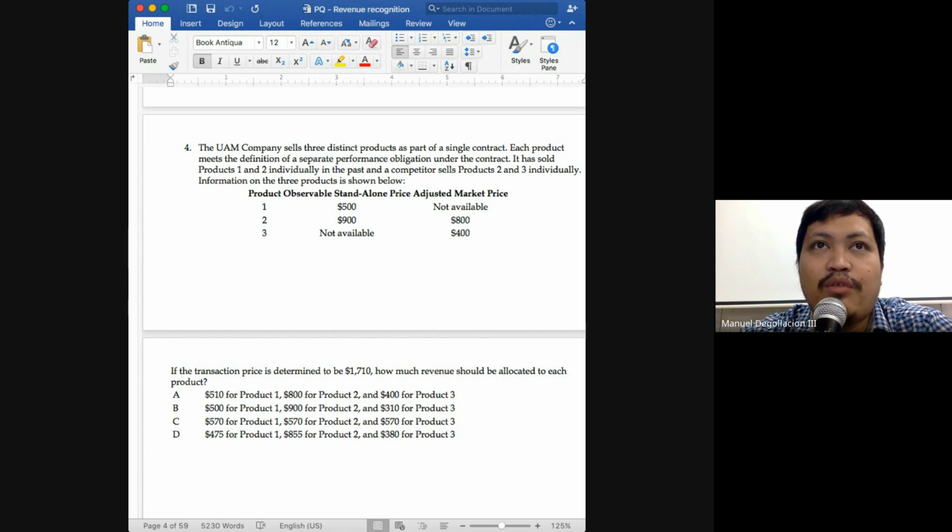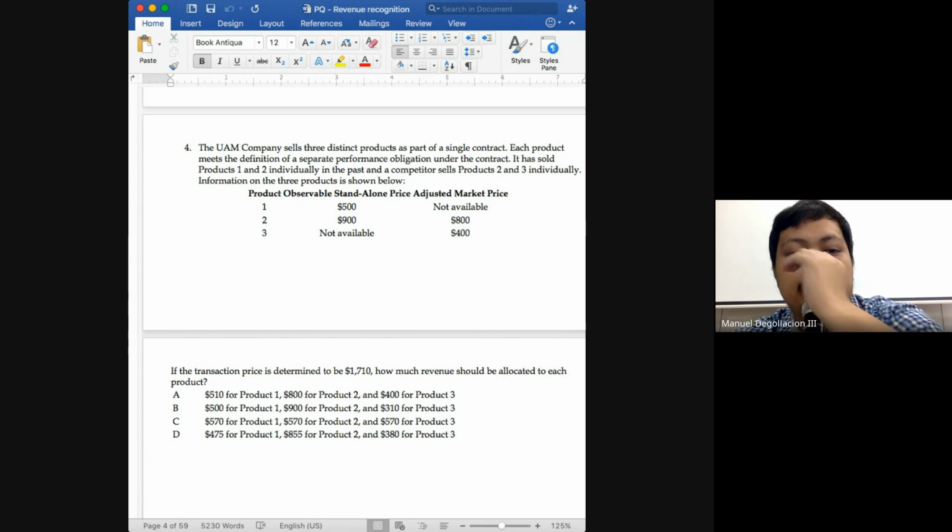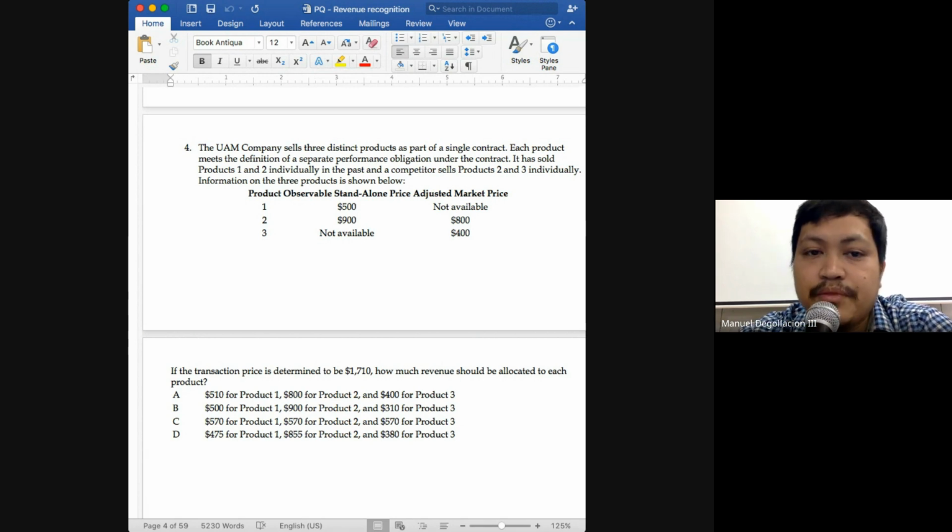So in making our fractions, class, I suggest that we use fractions in this one, instead of converting everything into percentages. In determining our fractions, only for product 3, you will be using its market price. For product 1 and 2, use the observable standalone price. So for product 1, use 500. For product 2, use 900. For product 3, use 400.